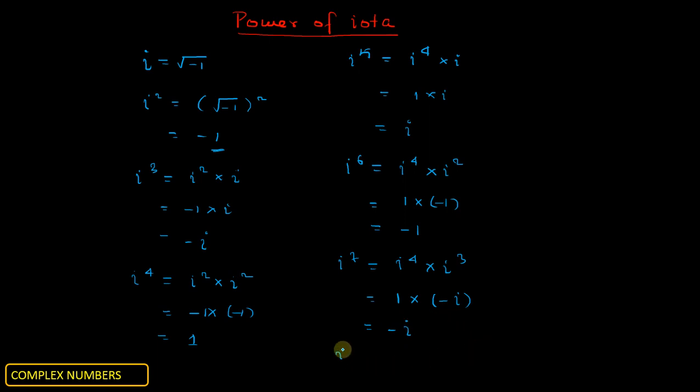If we have iota raised to 8, we can write it as iota raised to 4 multiplied by iota raised to 4, which is equal to 1 multiplied by 1, which is equal to 1. Okay, what is iota raised to 9?